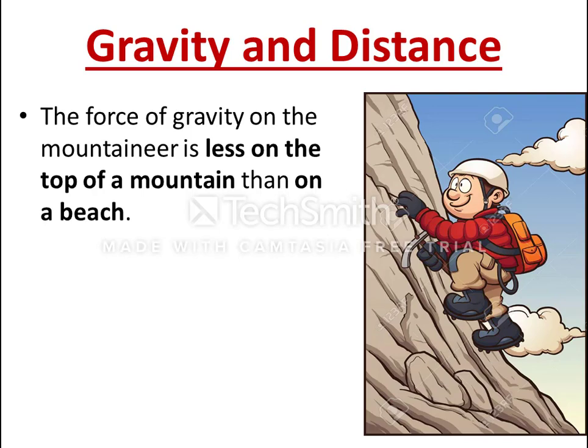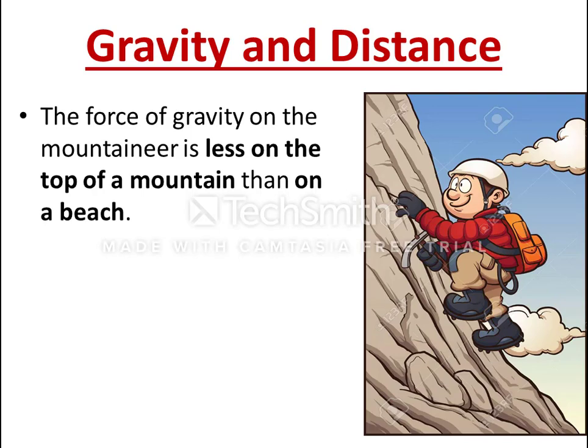If he's on a beach, this means that he is at sea level, on the earth surface level, which has what? A high gravity. But he is now getting away from the Earth surface. He is going higher. The distance between him and the center of Earth is getting more and more. He is going away.